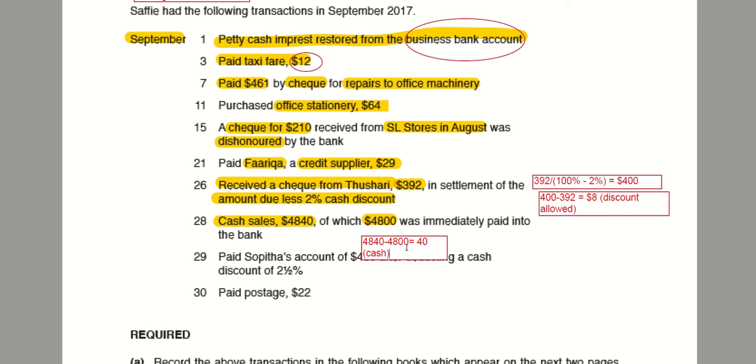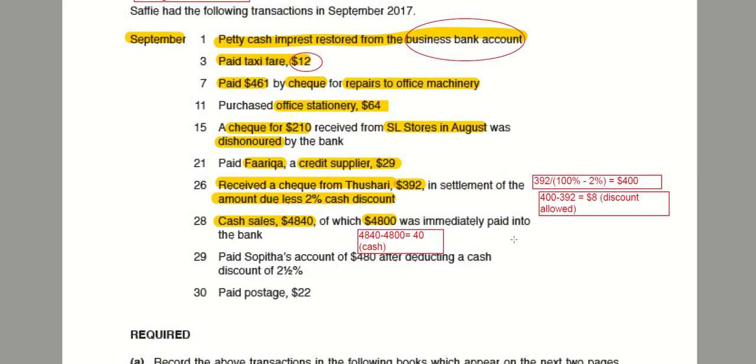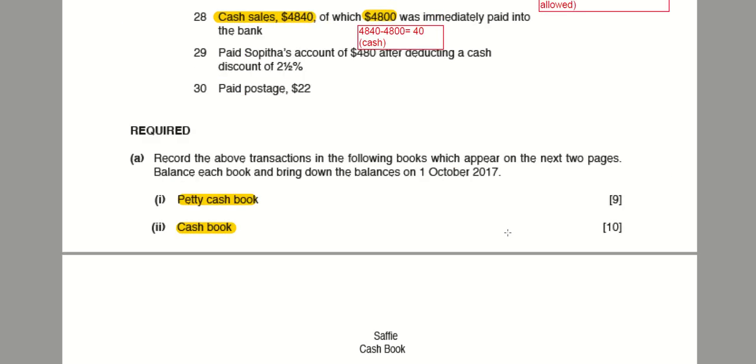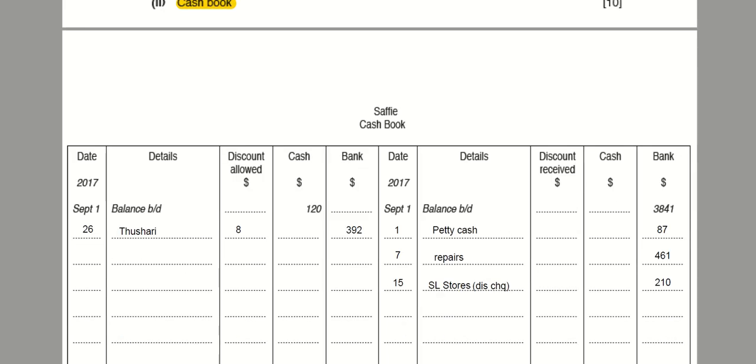So in the cash book, we will enter 4,800 in the bank column because we immediately deposited it, and $40 in the cash. So on the debit side, we'll make an entry for sales, and cash is 40 and the rest is banked.